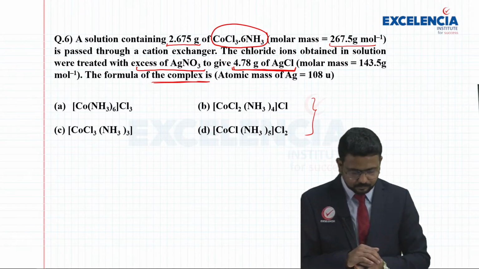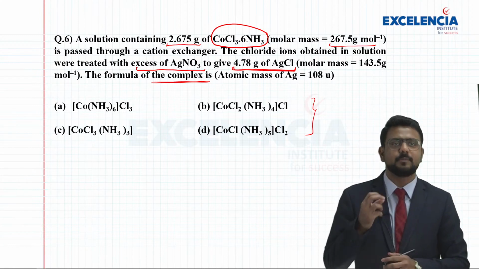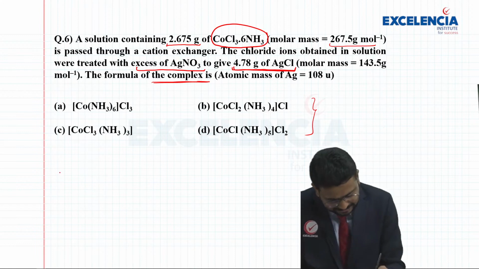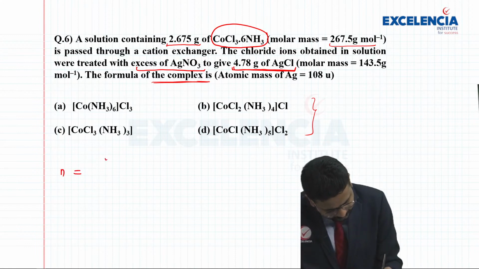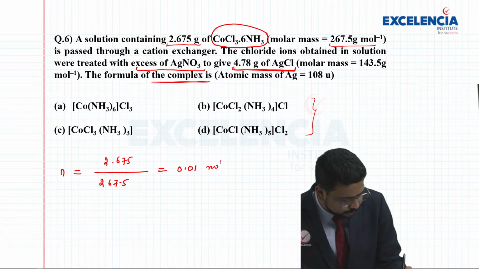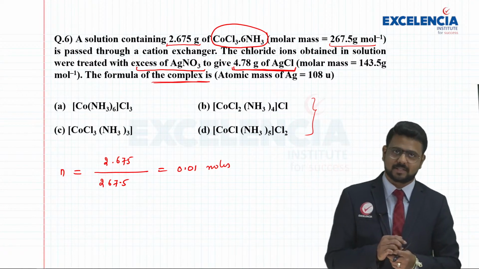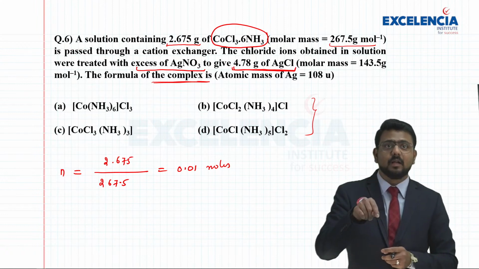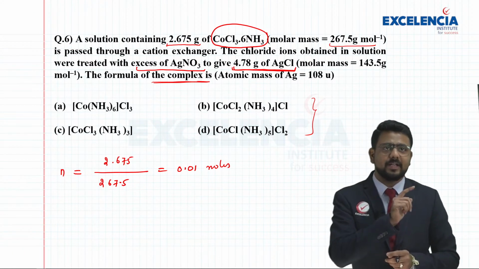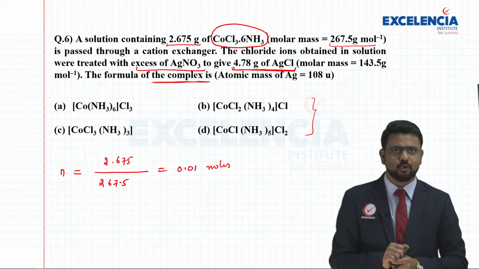Now look here. They are saying that 2.675 grams of this particular complex has been taken. So if I find the number of moles, first of all, we have 2.675 divided by 267.5. So without any doubt, it is 0.01 moles. So we have taken 0.01 moles of this particular complex, right? And when it is passed through a cation exchanger, the chloride ions which are obtained were treated with silver nitrate solution.